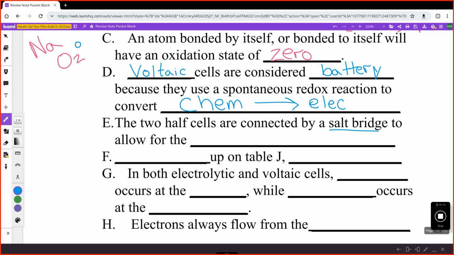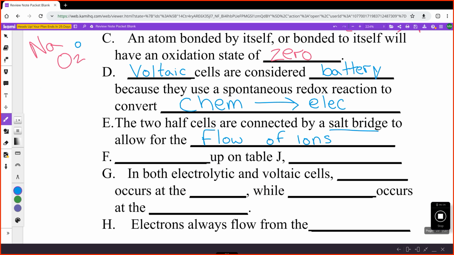The salt bridge has one purpose, and it allows for the flow of ions. When you start taking away electrons and adding electrons, you start creating negative ions and positive ions. The salt bridge's purpose is to balance the change that is occurring in each end of the half cell.